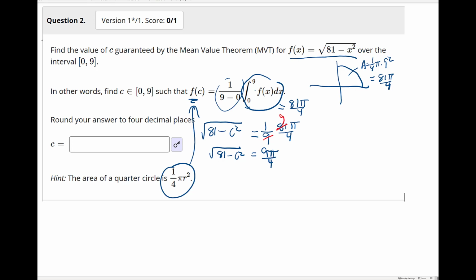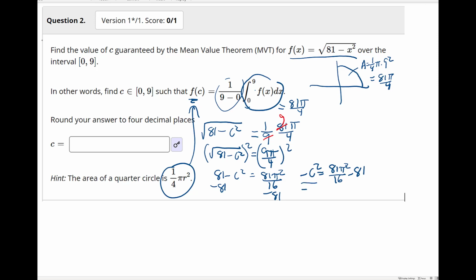Now we're solving for the variable c, so that's our unknown. So we're going to square both sides. I know c represents a constant, but at this point we don't know what it is. So we have 81 minus c squared equals 81 pi squared over 16. We're going to subtract the 81 from both sides, and we have negative c squared equals 81 pi squared over 16 minus 81.